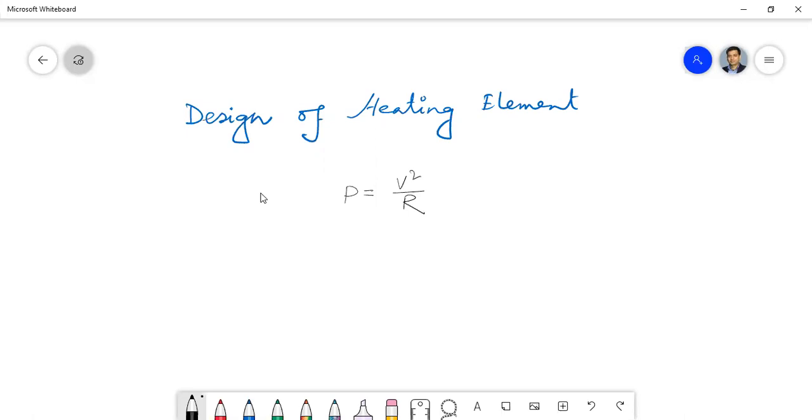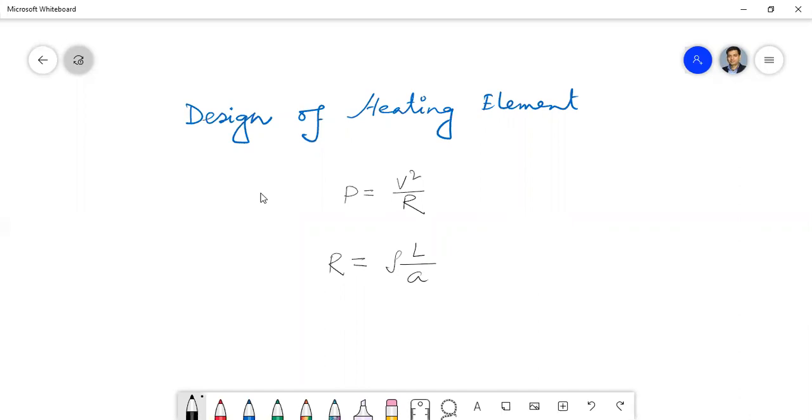So the power in terms of voltage we can write like this: P equals V square by R. I think all of you know. And the resistance is given by rho L by A. Okay, so this also we know.